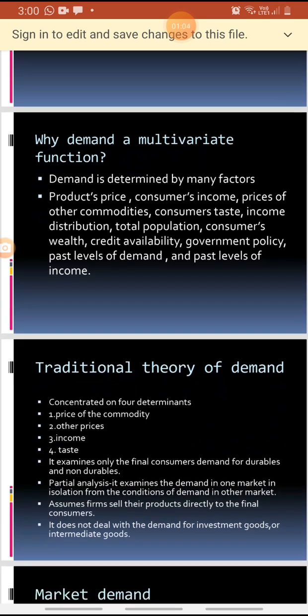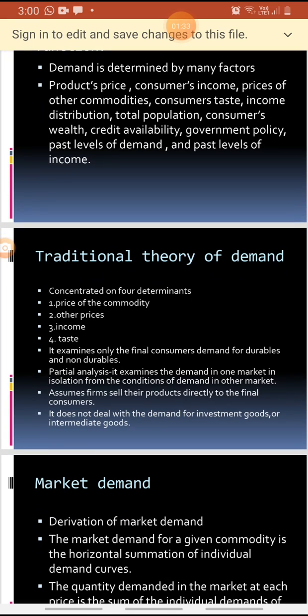Product's price, consumer's income, prices of other commodities, consumer's taste, income distribution, total population, consumer's wealth, credit availability, government policy, past levels of demand and past levels of income. All these factors may influence our demand.